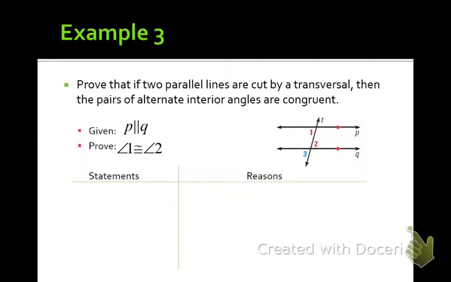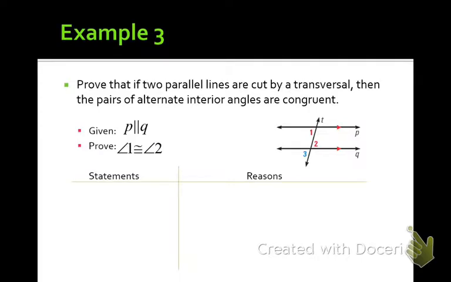If you used AIA, it'd be one step: you'd have the parallel, and then 1 and 2 are congruent by AIA. You can't use what you are proving in your proof. So without using alternate interior angles, let's prove 1 and 2 are congruent.